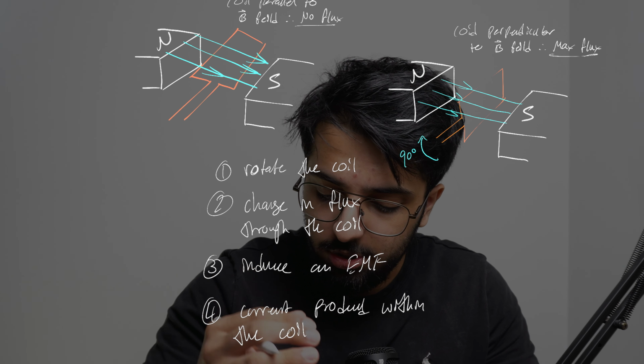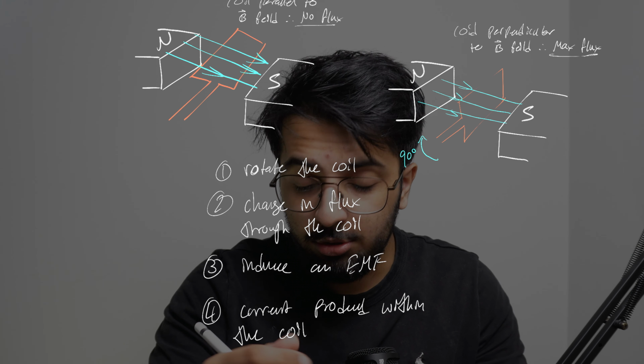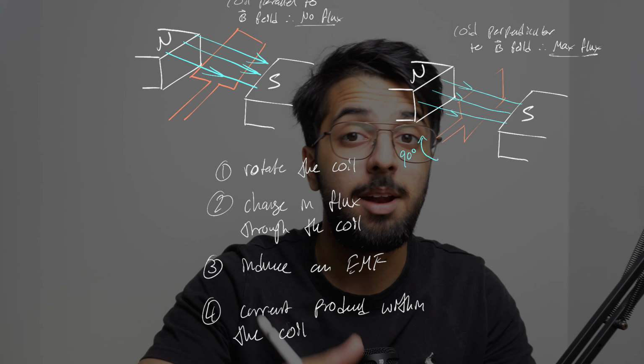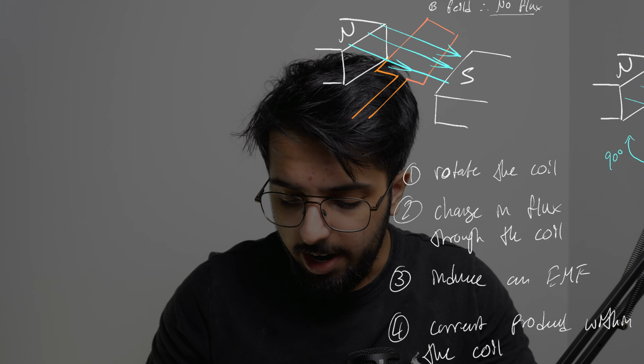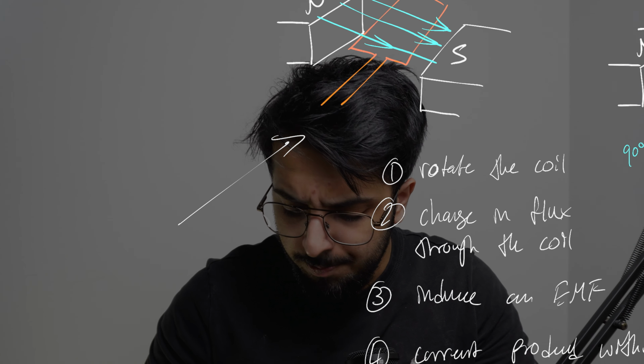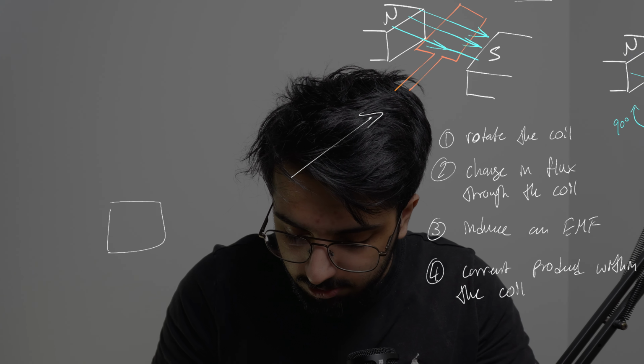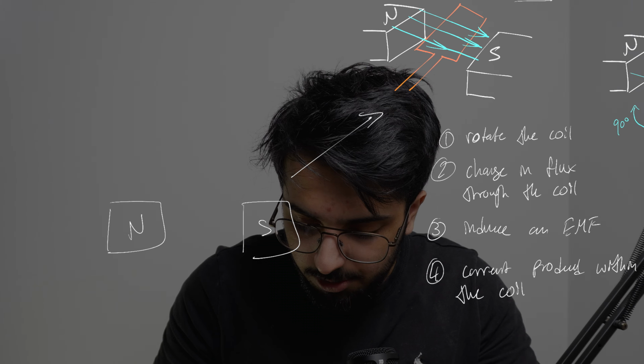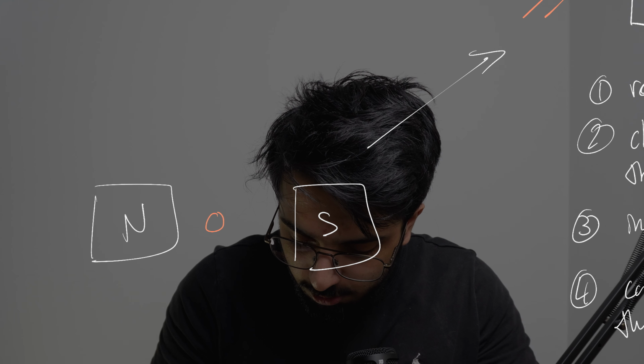Because we're concerned with the rate of change of flux, to find out where the rate of change of flux is at a max versus where it is at a minimum, I propose we look at the coil from this point of view. Imagine we have our magnets right here, this is our north and this is our south, and then we have two circles right here.